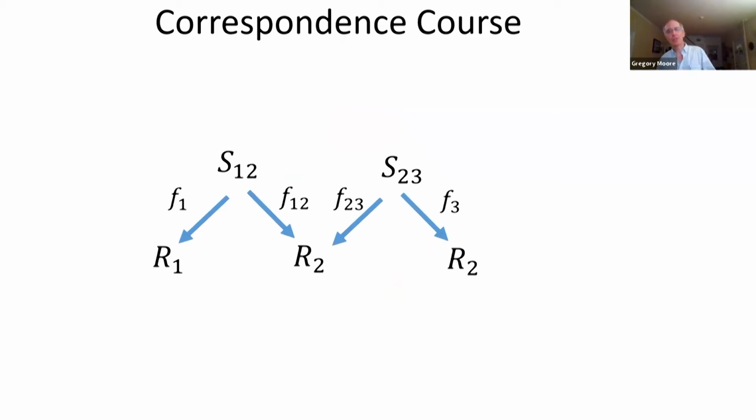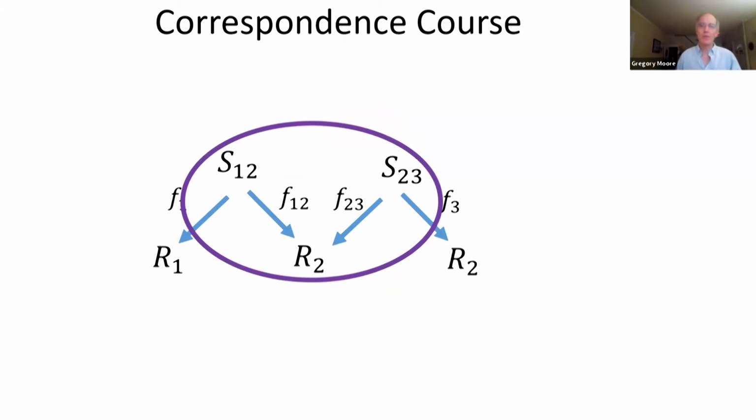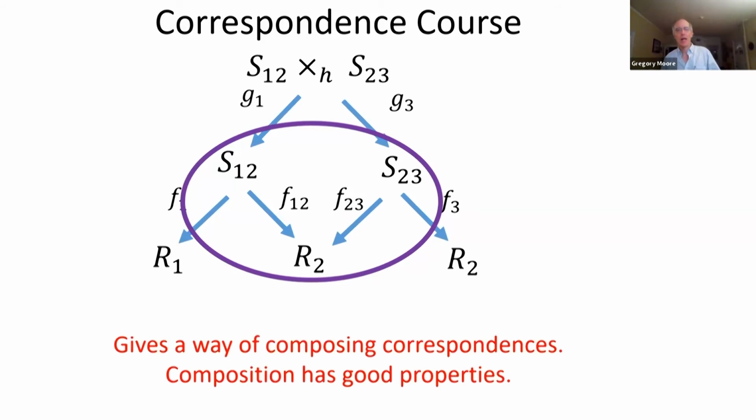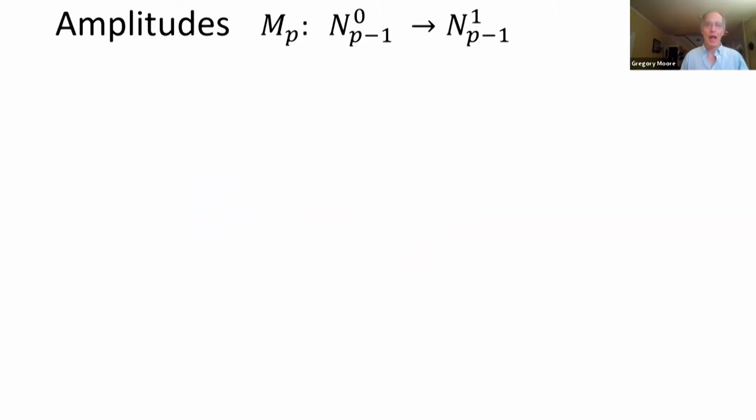So if we have two correspondences of topological spaces, then you see in the middle here, we have exactly the kind of data you need to define a homotopy fiber product. So you do that, and that's your new correspondence. And this way of composing correspondences gives a composition with good properties as one learns in courses on homotopy theory. And it's just what we need in our case.